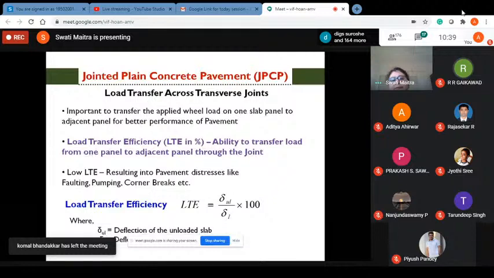But in actual practice, it has been found that the temperature variation from top to bottom is not linear. It is actually a non-linear curve, and you can present it as a bilinear curve as well. It is non-linear particularly for the daytime temperature variation, that means when the top temperature is more than the bottom temperature.